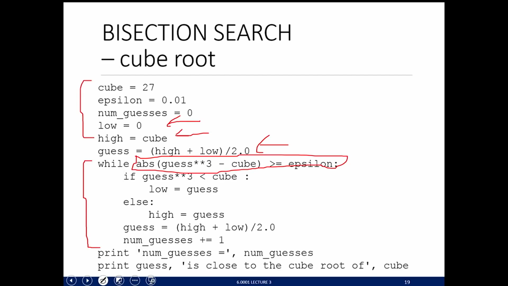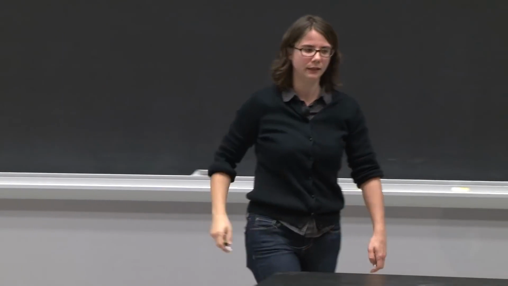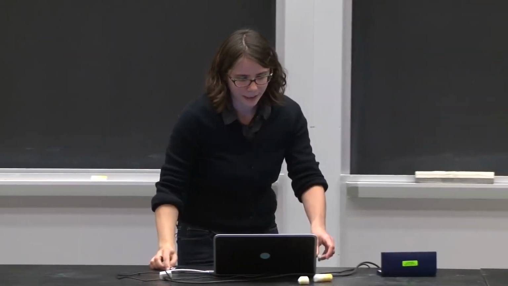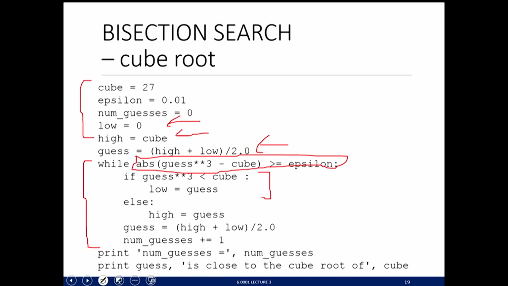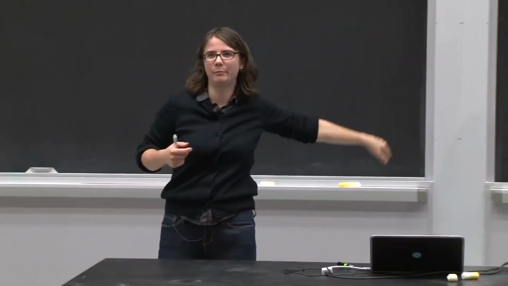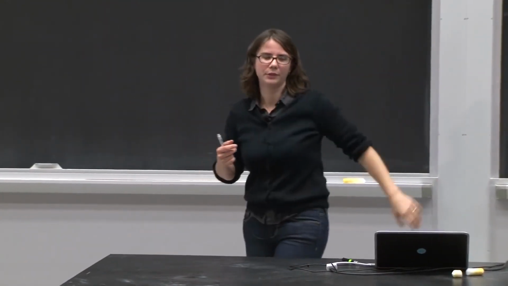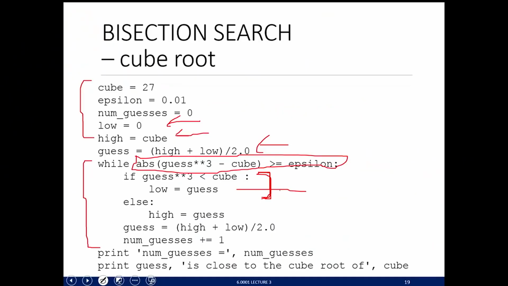So if the guess to the power of 3 minus cube is not good enough, keep guessing. This part here says my guess was too low. If my guess was too low, set the low boundary to be the guess, because I don't care about all of the other numbers that are much lower than me. That's what that line's doing.